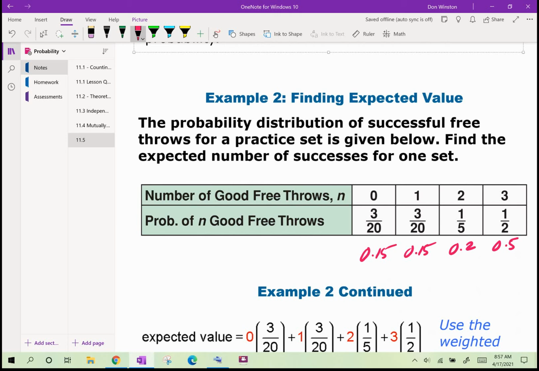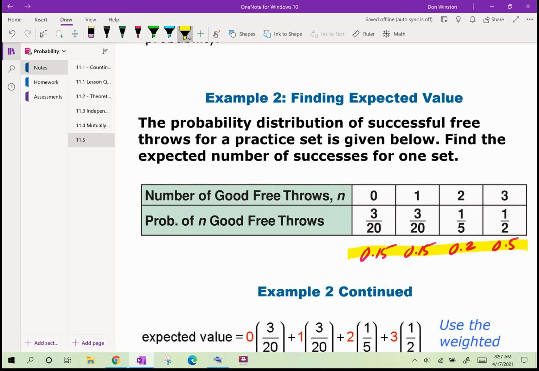The probability that someone had 1 free throw was again 3/20, or 15%. The probability that someone had 2 free throws was 1/5, or 20%. And then the probability someone had 3 free throws was 1/2, or 50%. Well, these probabilities would have to sum to 1, and they do.